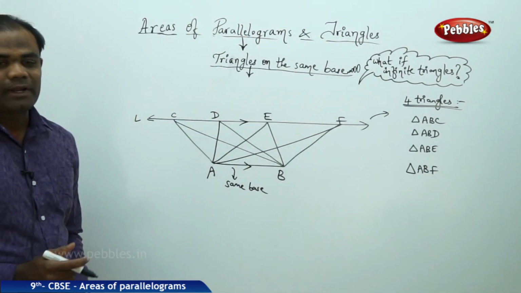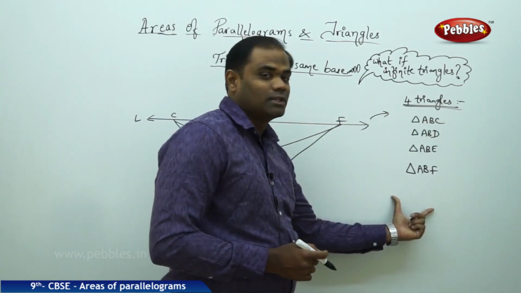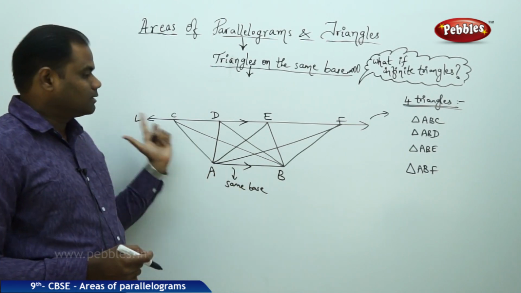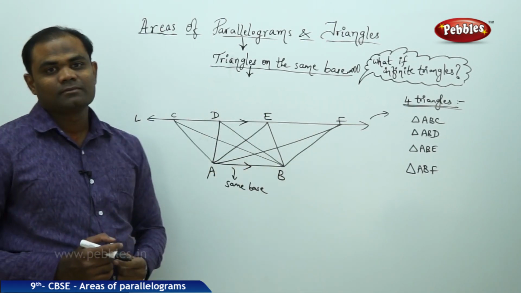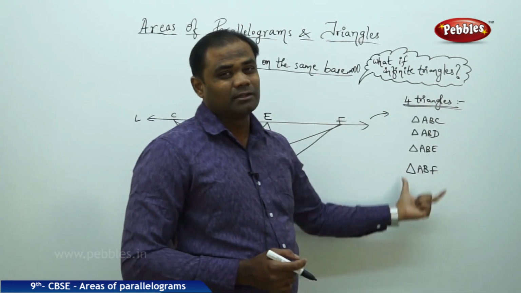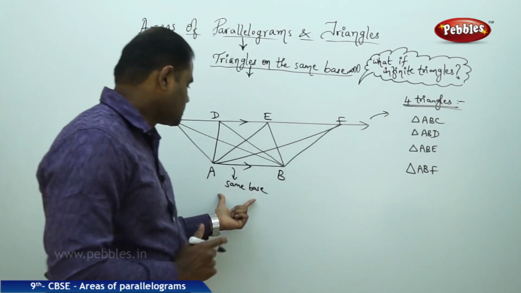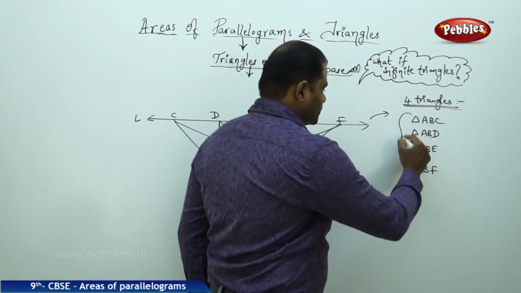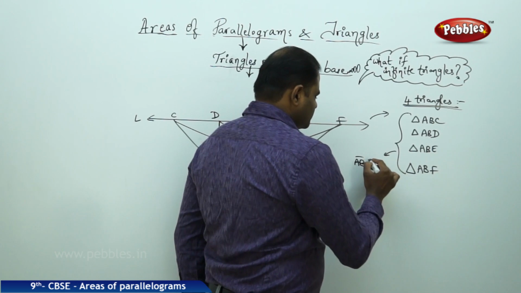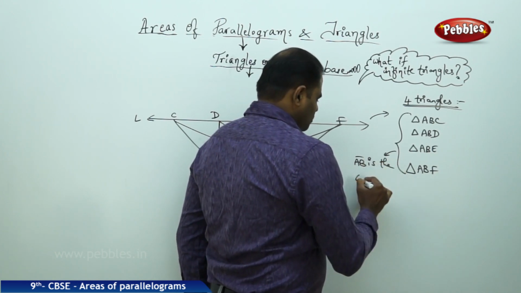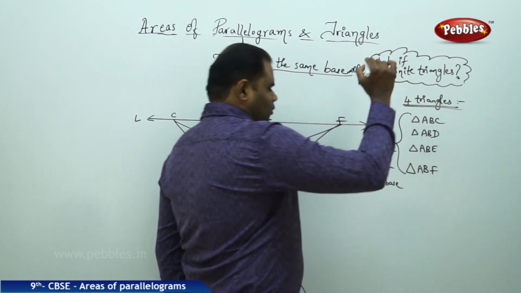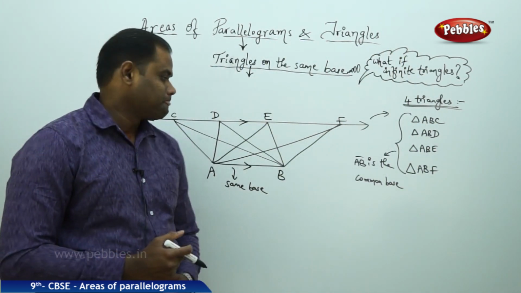So these are the 4 triangles which I have taken with the same base AB and between the parallels L and AB. So we have more than 2 triangles, that is 4 triangles here with the same base AB. Interestingly, AB is the common base for all the 4 triangles considered.